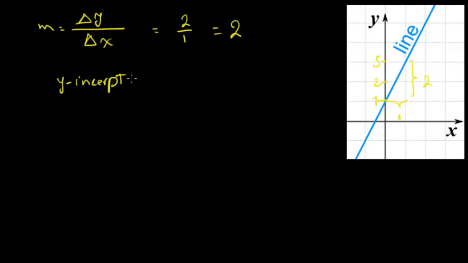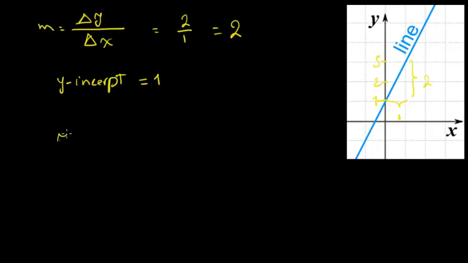Now, as you remember, we have our slope, which is changes in y over changes in x. So 2/1, or 2, is our slope. The y-intercept is the place where the line passes through the y-axis, so that is going to be 1.